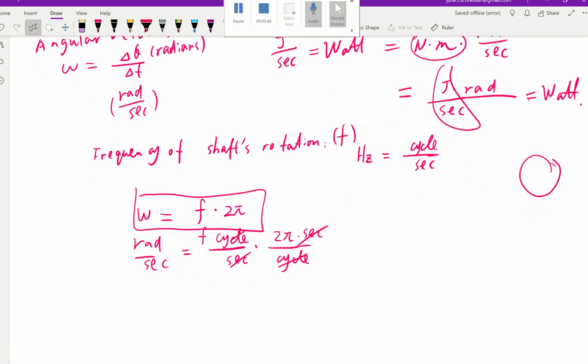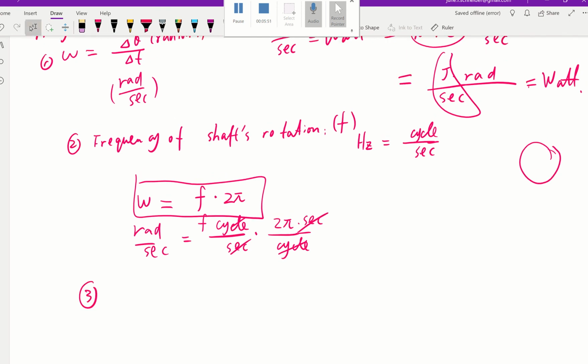Now, I want to talk about one more. Often we're talking about RPM, right? RPM means revolutions per minute. That's kind of like a frequency as well. Then how do we find this relationship?